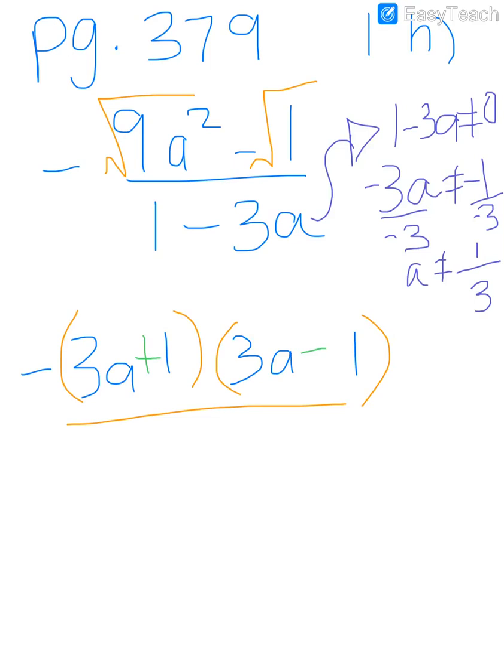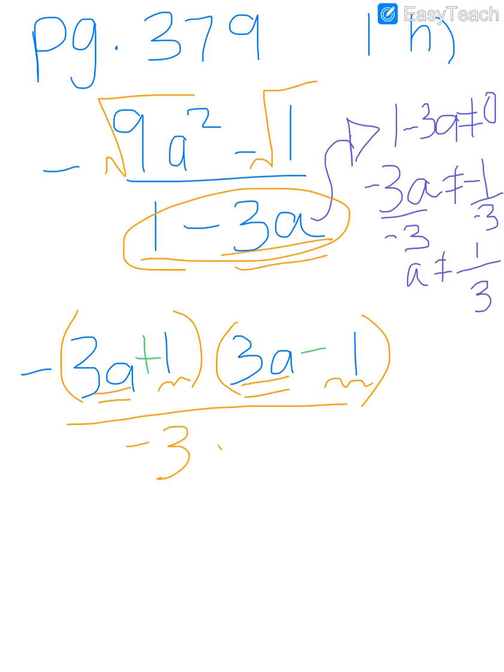Then in my denominator, what I'm going to do is I'm going to actually rewrite this, and I want this denominator here, so 1 minus 3a, to look similar to the numerator in the sense that they start with their variables and then it ends with the constants. So what I'm going to do is I'm going to rewrite this negative 3a first, and then I'm going to put that plus 1.